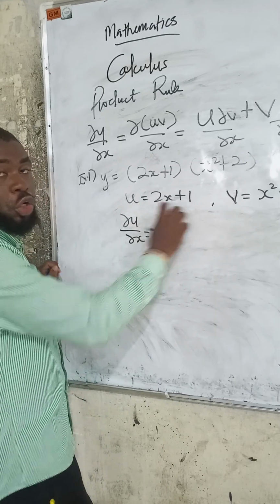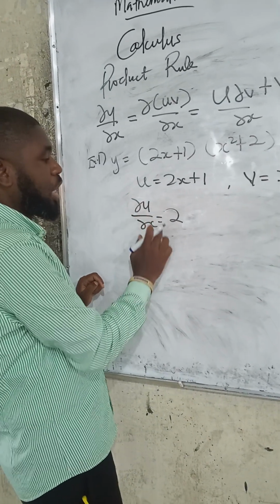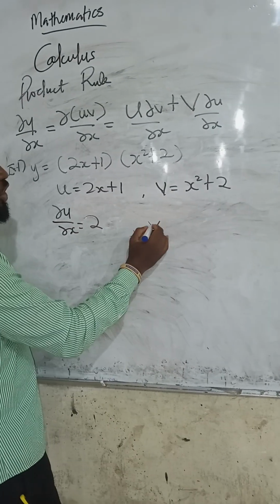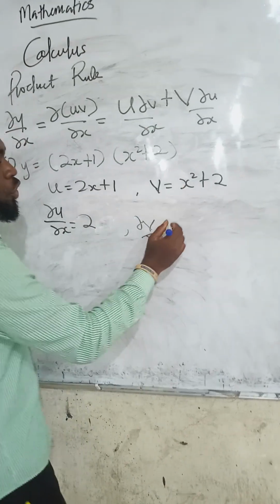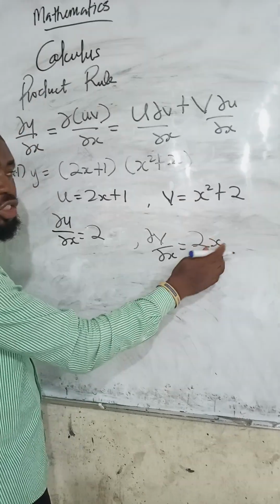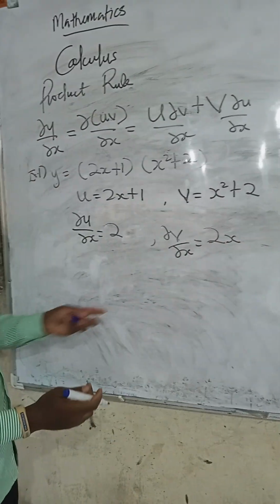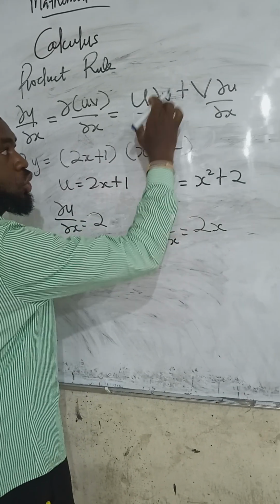And plus 1, already 1 is a constant, so automatically it becomes 0. So you have du/dx is equals to 2. Now for v, dv/dx, if you're differentiating this, for x squared you're going to have 2x raised to the power 1, and 2 raised to the power 1 is still 2. And this 2 becomes a constant, so it turns to 0.